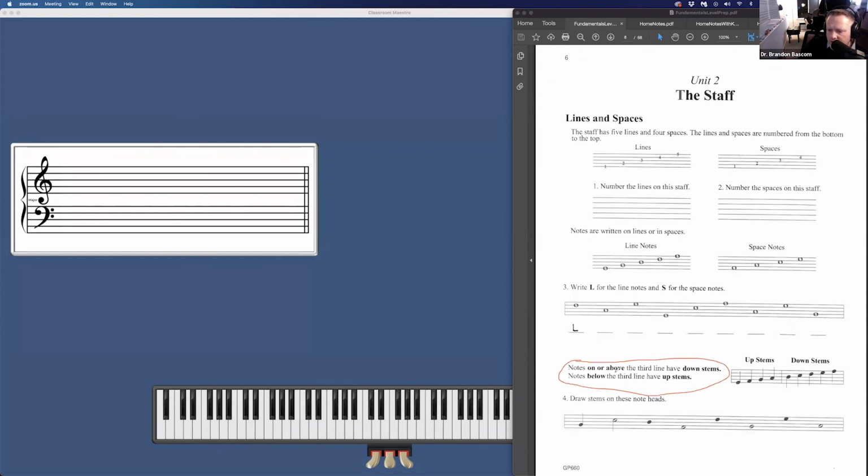Notes on or above the third line have down stems on the left. Notes below the third line have up stems on the right. So don't get tricked on that part.